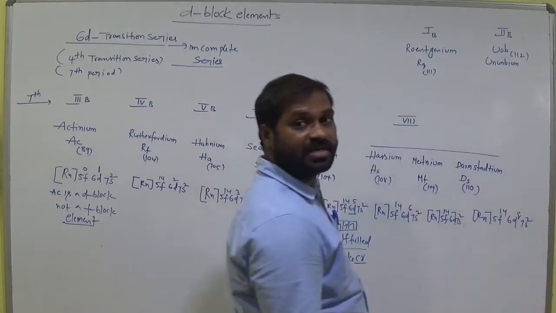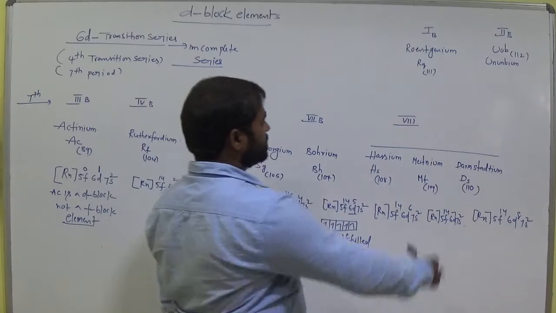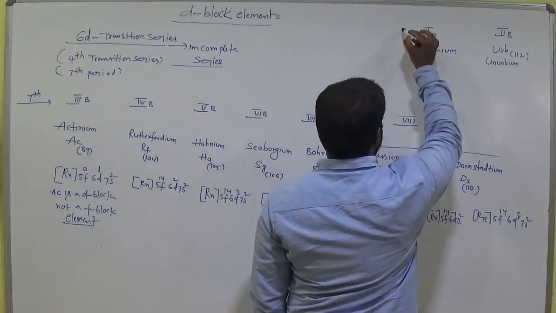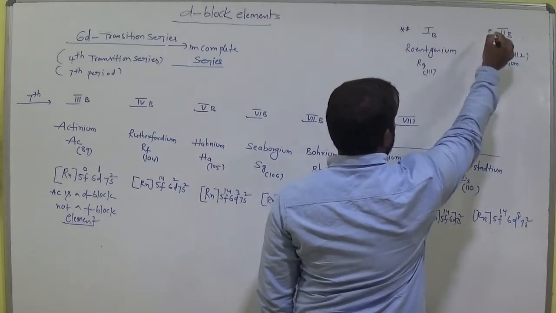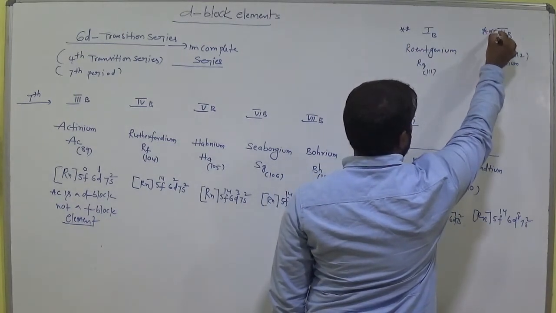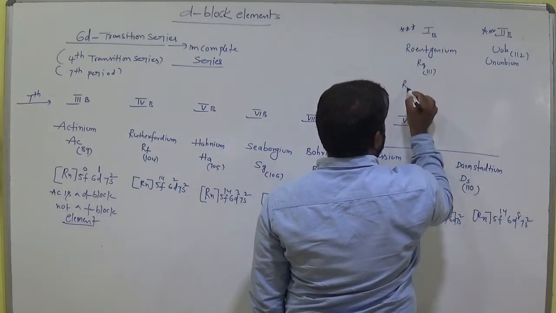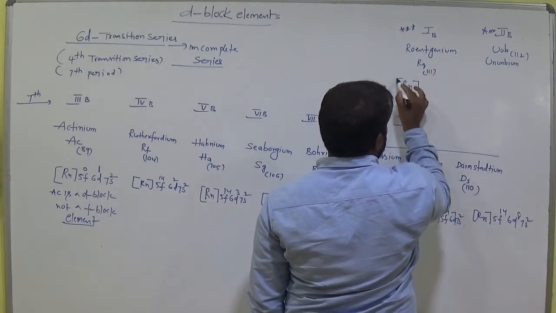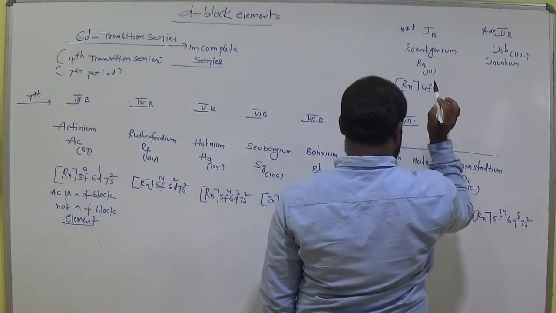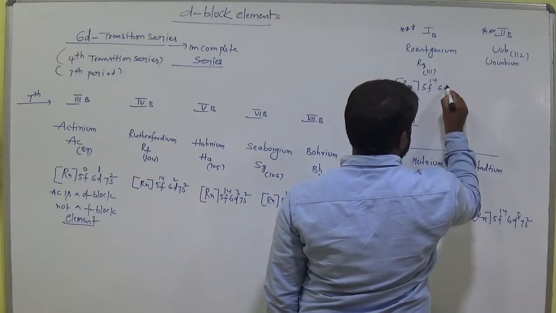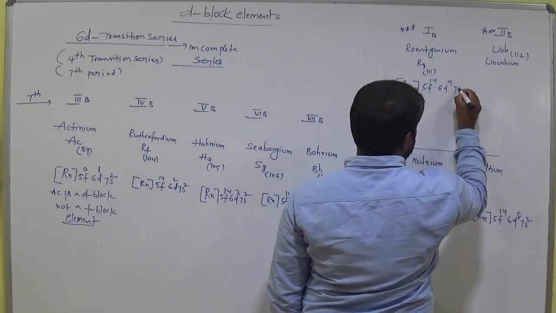Clear up to this one, and we have to remember this one. What about this electronic configuration? It is the first B group element. So radon 5f14 6d9 and 7s2, am I right?